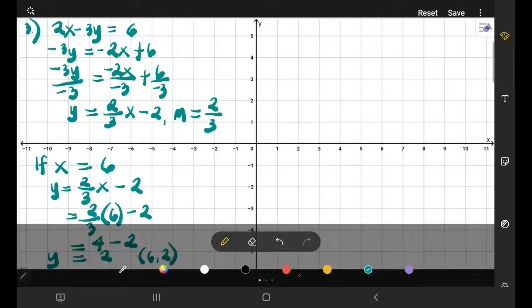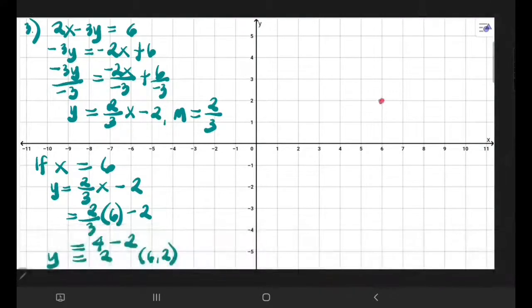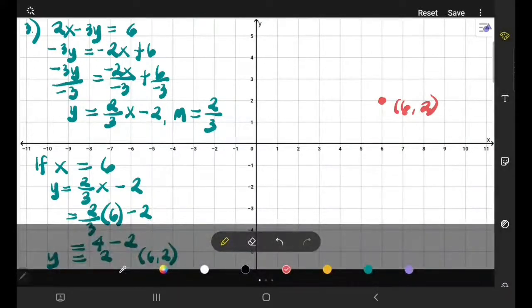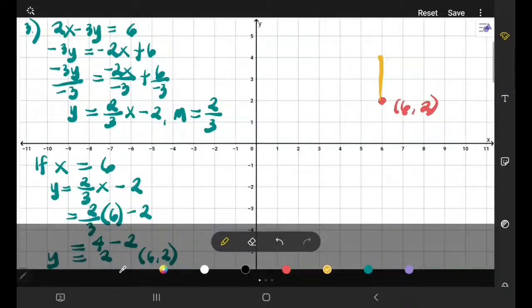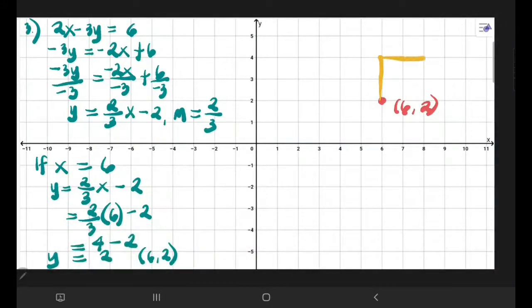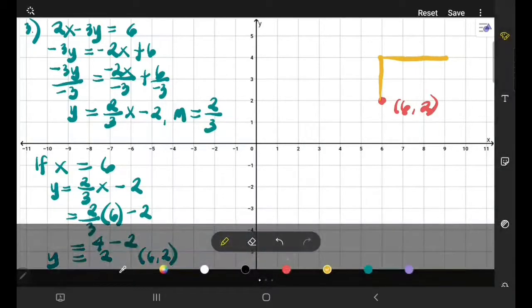Okay, let's graph first the first point, which is 6, 2. So here, 6, 2. And then you execute the slope. So rise 2, meaning 2 units upward. 1, 2. And then 3 run, that means 3 units to the right. 1, 2, 3. So you stop.